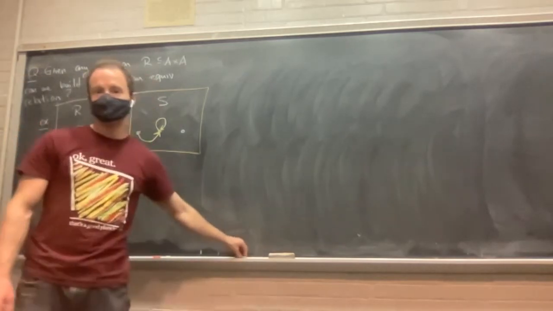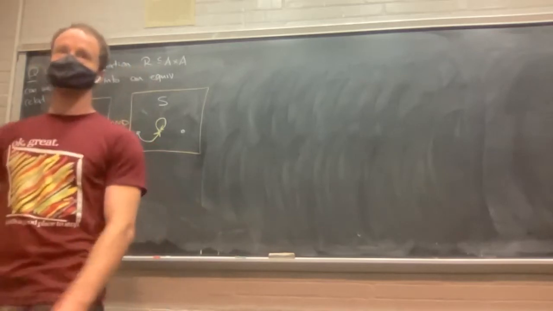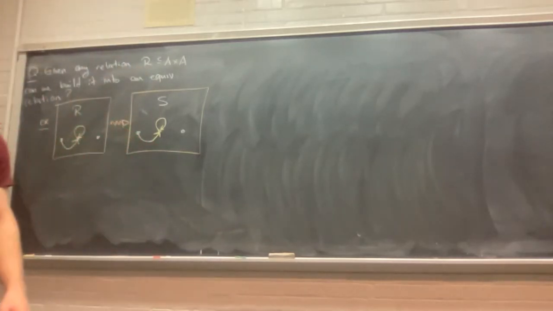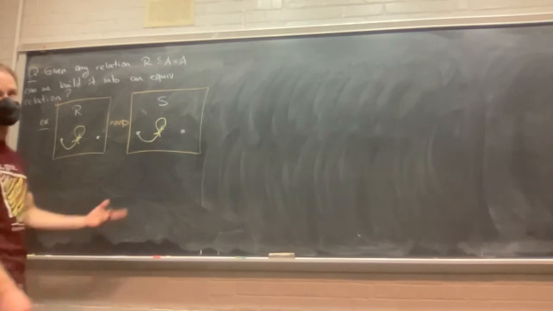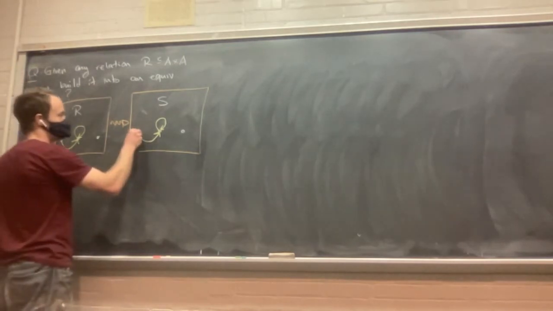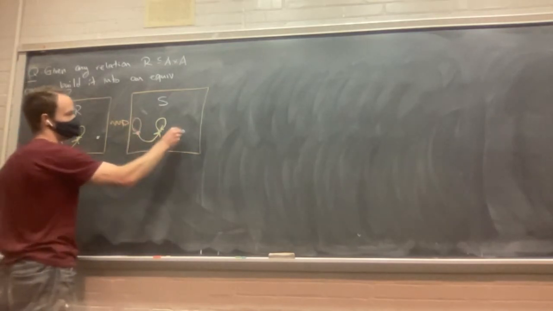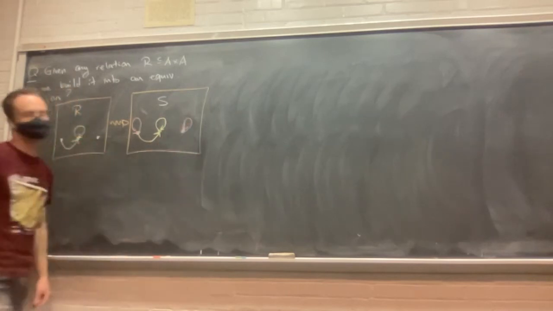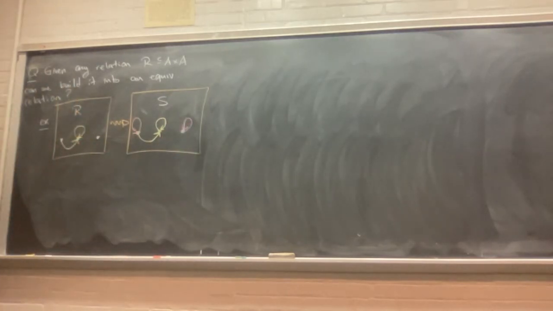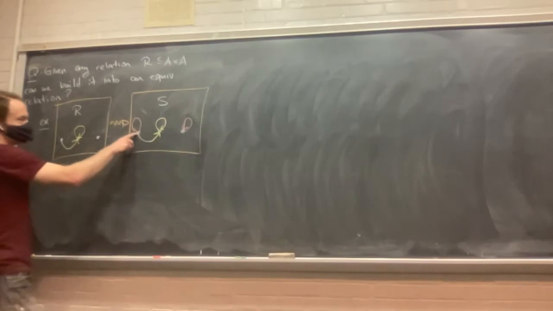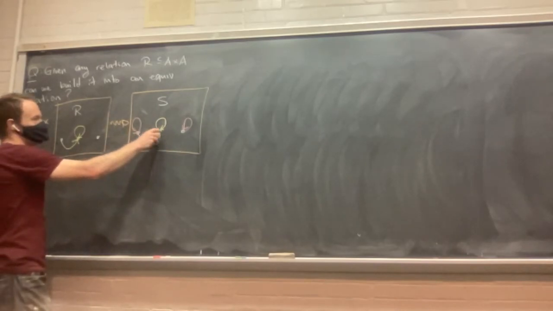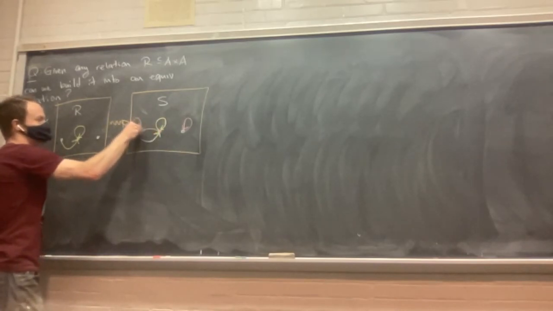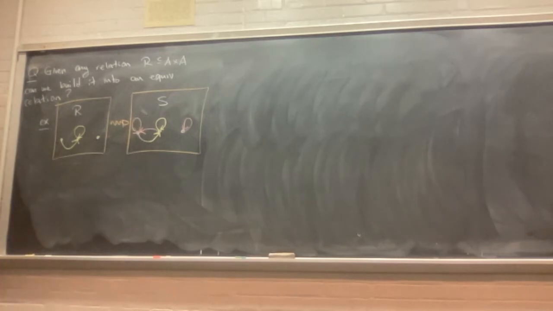So that means we have to include some edges in here in order to build this into an equivalence relation. And which edges? Well, we've got to put a loop on this vertex, right? We need to put a loop on that vertex at minimum. And then since we've got an edge going from here to here, we also have to include an edge back. And now it is an equivalence relation.